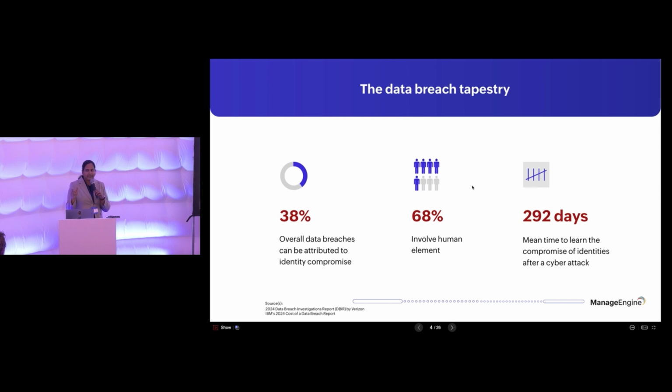And the mean time to identify that one of your identities, which is usually your passwords, has been compromised, takes an organization about 290 odd days to identify that it is only because of a credential leak. So for about 200 days, organizations don't even know that they've been breached because of a password, right? So that's how sensitive it is.